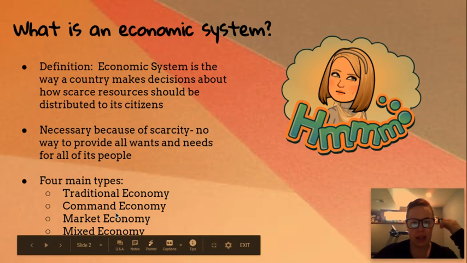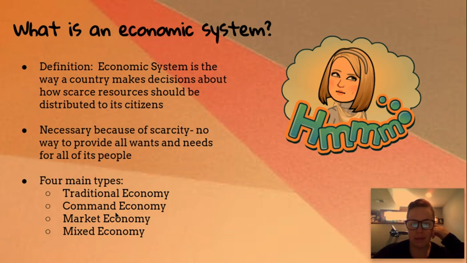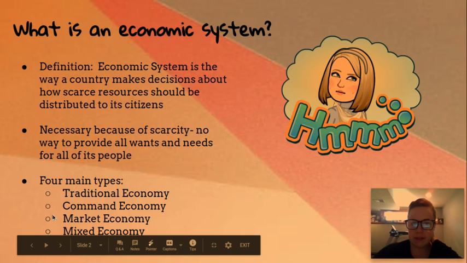Command economy, again, sounds very like what it is. The government sort of commands you to do certain things at certain times and tells you kind of what your life is going to be like. And then market economy is again kind of what it sounds like. The market is actually determined by what people want, so supply and demand and how it all works together. And then a mixed economy borrows some traditions from each one of these.